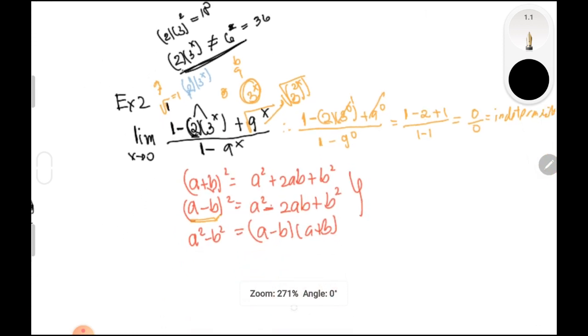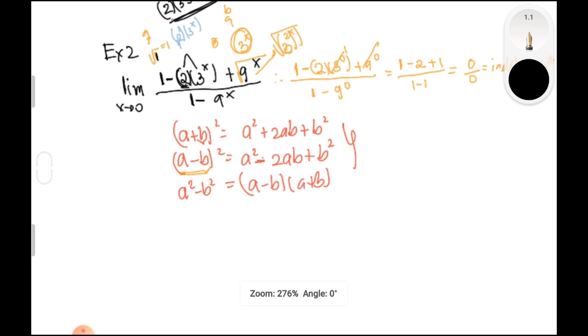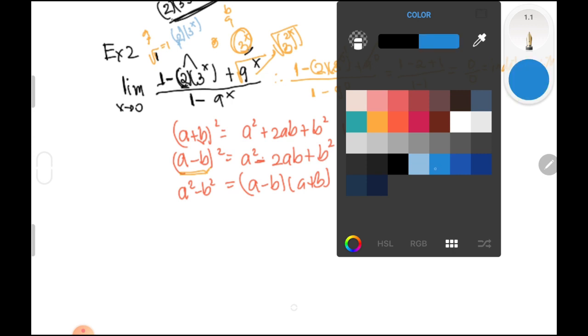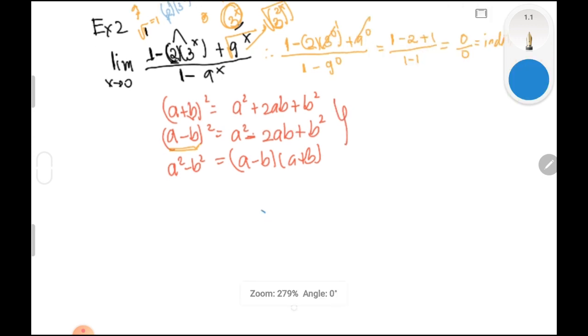Okay? So from that, we have our a which is equal to 1 and our b which is equal to 3 raised to x. So by processing the equation, I may now say that the simplification of this limit can be 1 minus 3 raised to x multiplied by 1 minus 3 raised to x. Tama?